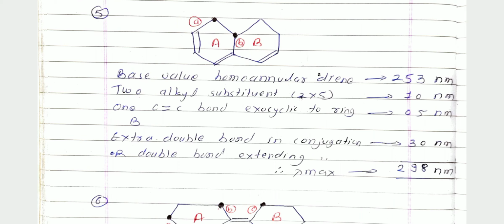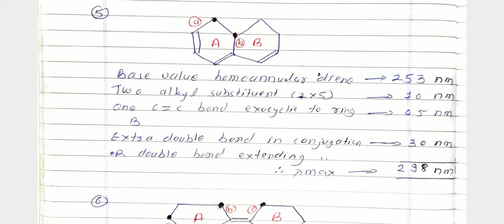extra conjugation or extending conjugation. This value is 30 nanometer. Means one more value is present in this structure. In the above structure we see only three values: base value, alkyl substituent, and hexacyclic double bond. But in this structure we write the extra double bond in conjugation, and its value is 30 nanometer.